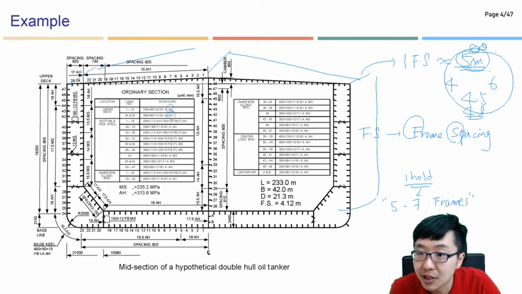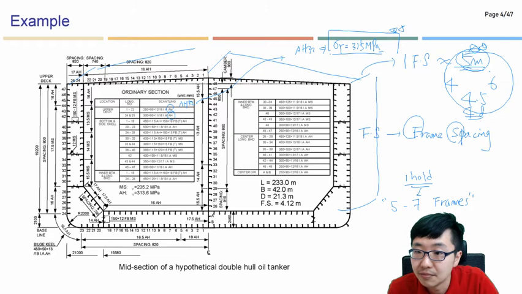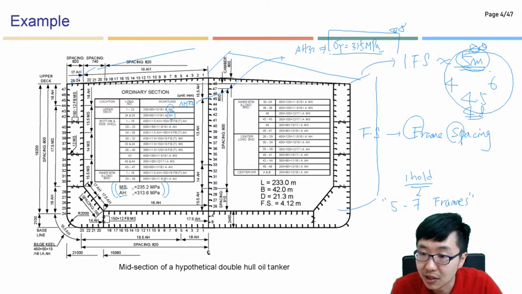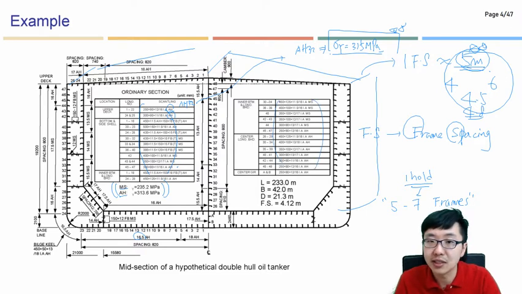AH 32 means the yield stress is 315 megapascals, right? Like here. This is mild steel, this is high tensile, and you can see all the details. The plate thickness and stiffener information are given here. At least you should know how to read the design.